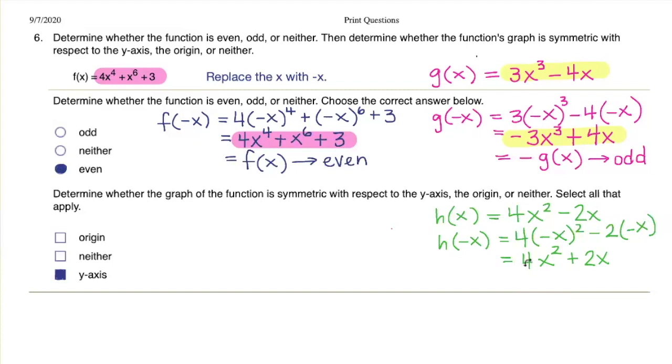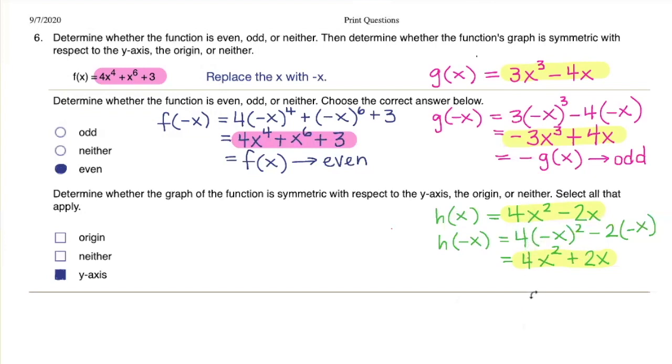Now I compare. I compare the right-hand side to the original right-hand side. Are they the same? No, so this function's not even. Have all of the terms had their signs changed? Well, it's true in the case of negative 2x and positive 2x, but it's not true for the first term.